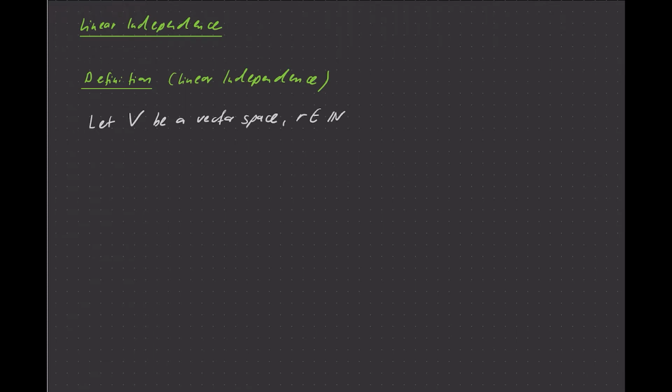Let r be a number, and v1 to vr be a set of vectors in V. Then that set of vectors, v1 to vr, is called linearly dependent.